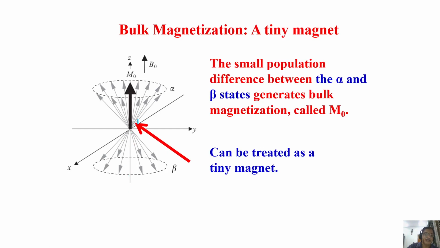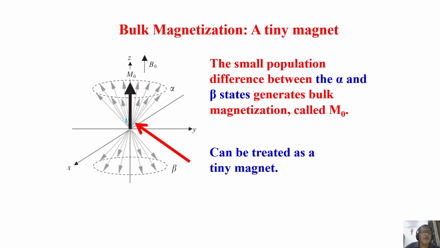Because of the Boltzmann distribution, the population excess of spins in the direction of the magnetic field means the vector addition of these two orientations along the z and minus z direction gives a net polarization, or net magnetization. This was called bulk magnetization, which is represented as M naught. It is a nomenclature: M naught is the bulk magnetization, which is along the z-axis.